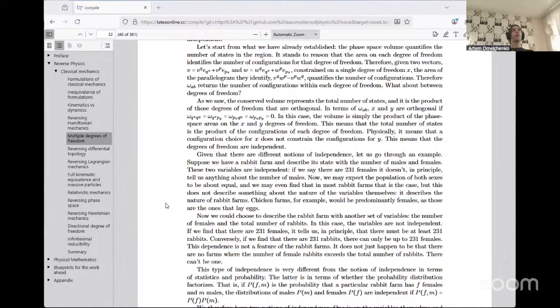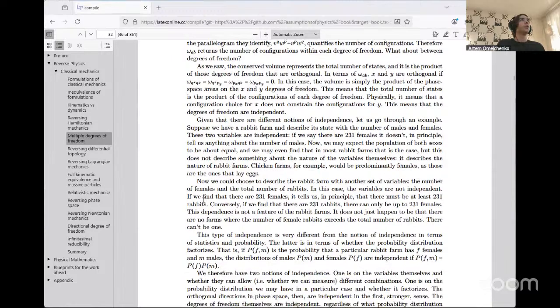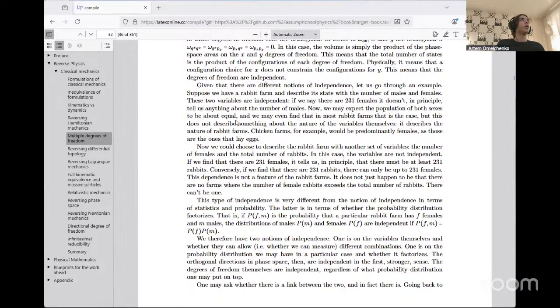Given that there are different notions of independence, let us go through an example. Suppose we have a rabbit farm and describe its state with the number of males and females. These two variables are independent. If we say there are 231 females, it doesn't in principle tell us anything about the number of males.